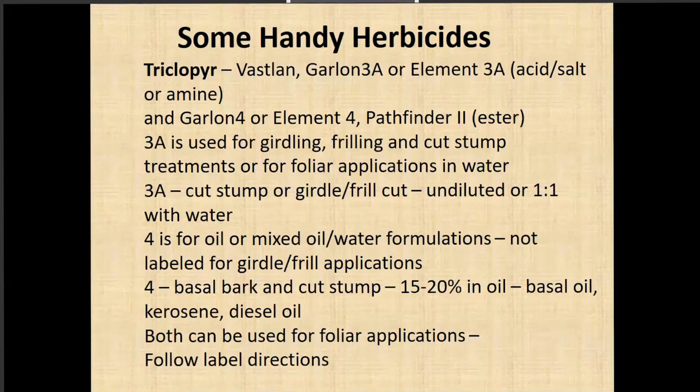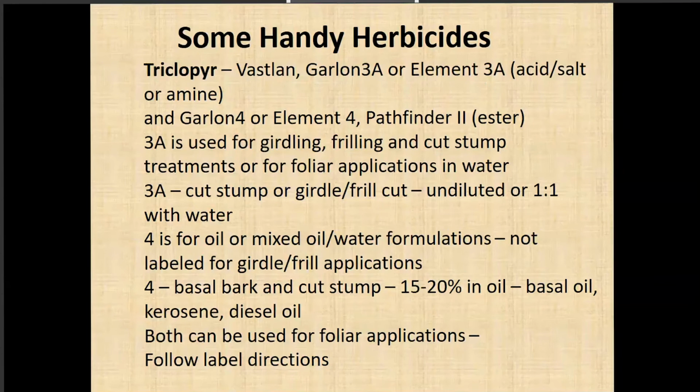So we'll take our triclopyr ester, whatever the particular material that we've purchased, at 15 to 20% of that herbicide in the balance oil, and it could be the basal oil, kerosene, or diesel oil. Then we would spray that either as a basal bark spray or as a cut stump application.